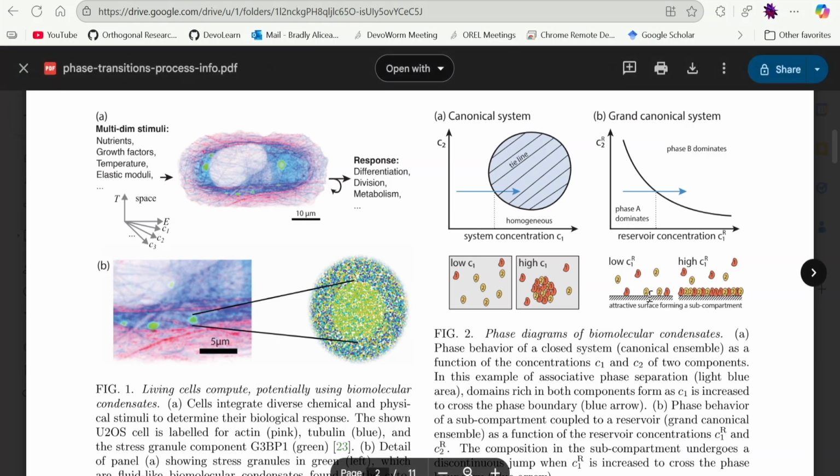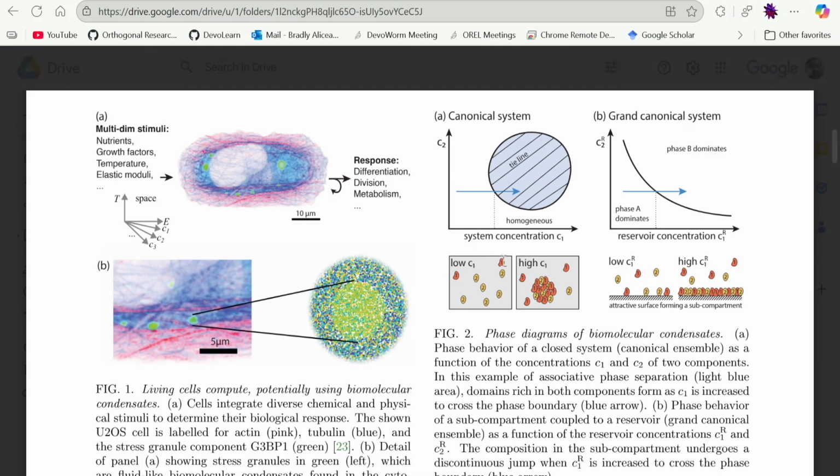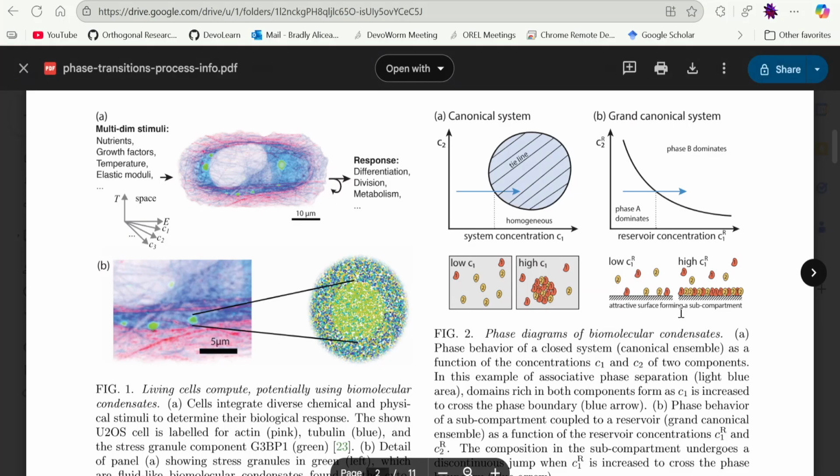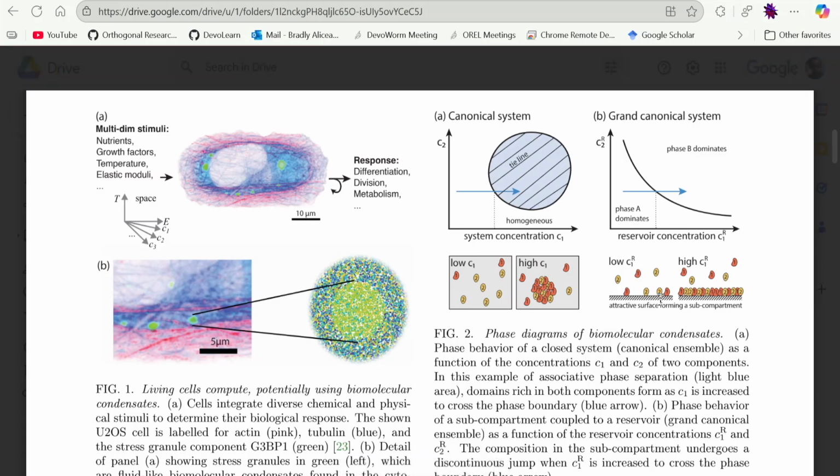So this is free floating stuff in the nucleus and it forms this biocondensate. This is in B where they're attaching to a substrate and, again, they're just kind of attaching at random and there's this sort of scattering of these biomolecules on the substrate.